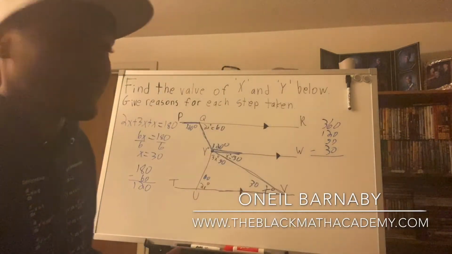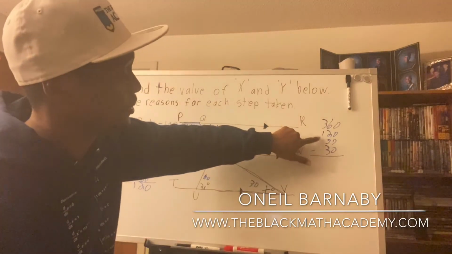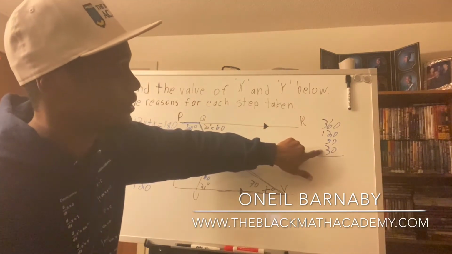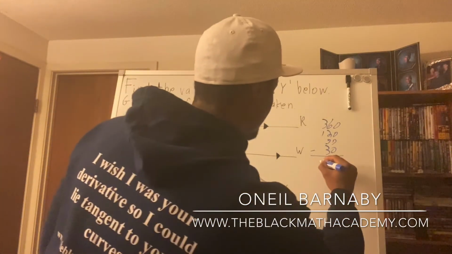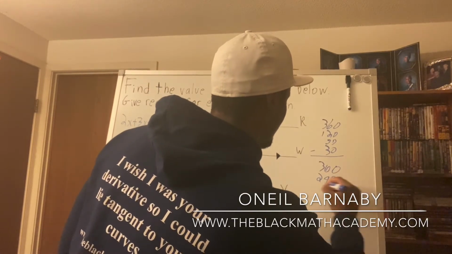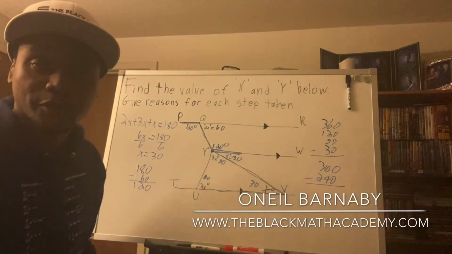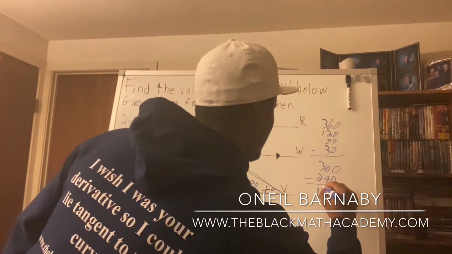So we're just going to solve that. I'm going to add them up pretty quickly. So 120 plus 90 plus 30, that's 240 degrees. So in reality, what the problem says is 360 minus 240. Okay, so 360 minus 240 is 120.